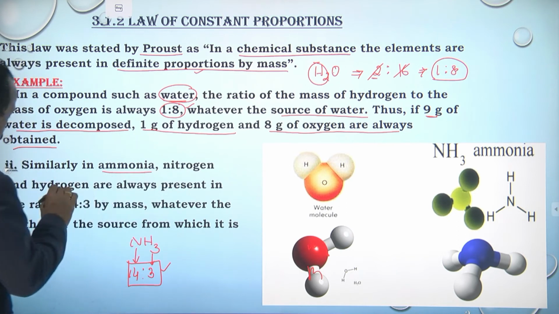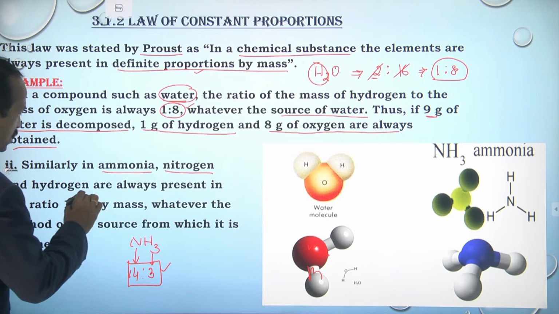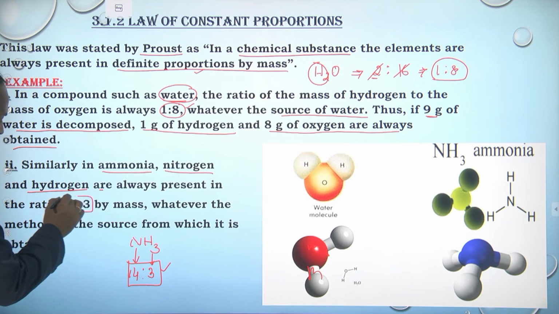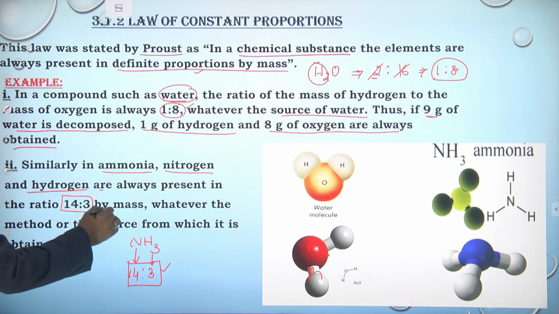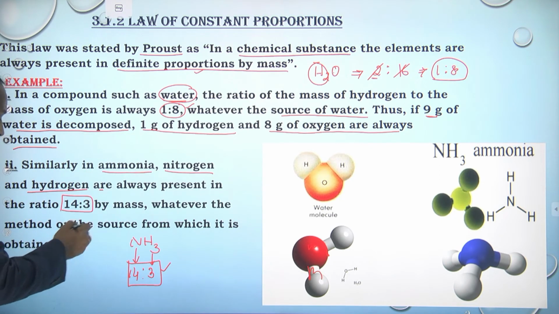Similarly, ammonia is made up of what? Nitrogen and hydrogen. Nitrogen and hydrogen are always present in the ratio of 14:3 by mass, whatever the method or the source from which it is obtained.